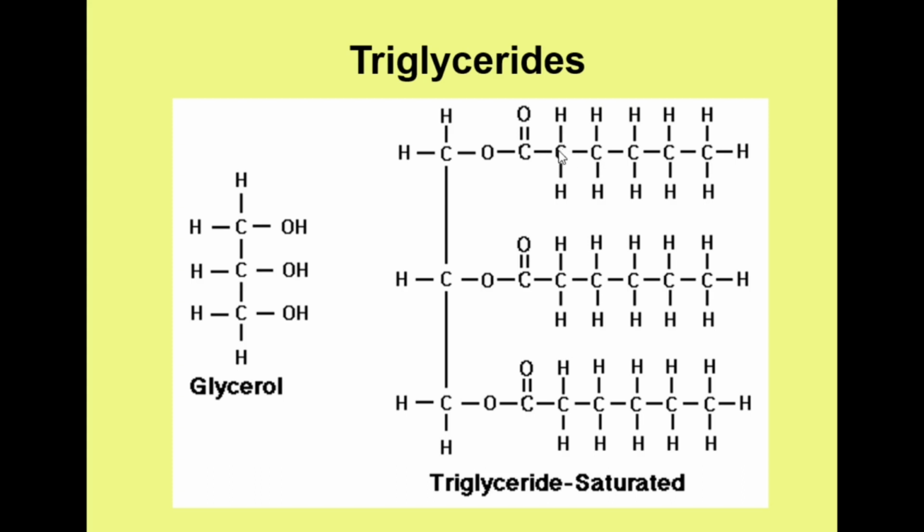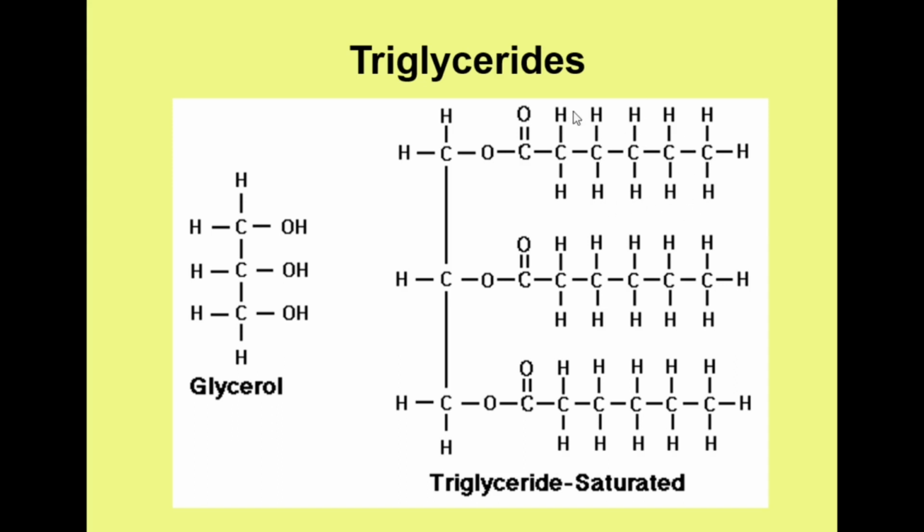So this means that this carbon has a single covalent bond with that carbon, a single covalent bond with that carbon, and then the other 2 remaining bonds are made up of single bonds with 2 hydrogens. Come back to this one, exactly the same. Back to this one, exactly the same.